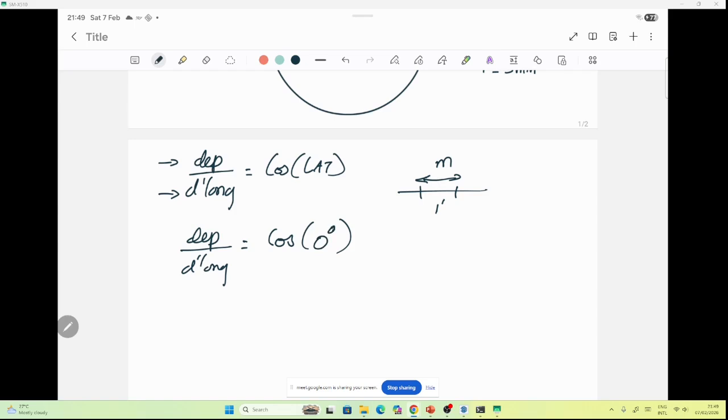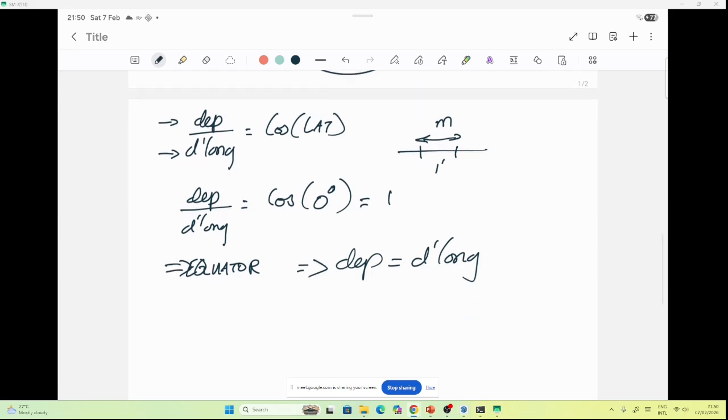Are we clear? So cos 0 is how much? Take your calculator and type cos 0, it is equal to 1. So at the equator, departure is equal to d long. Can you see that?